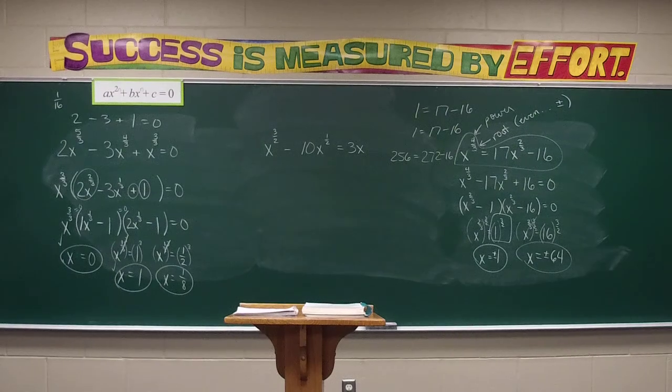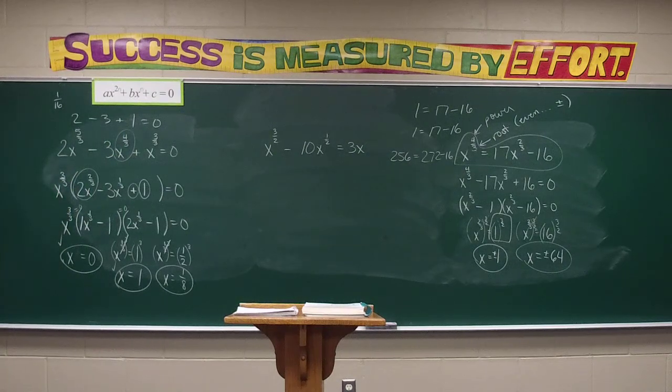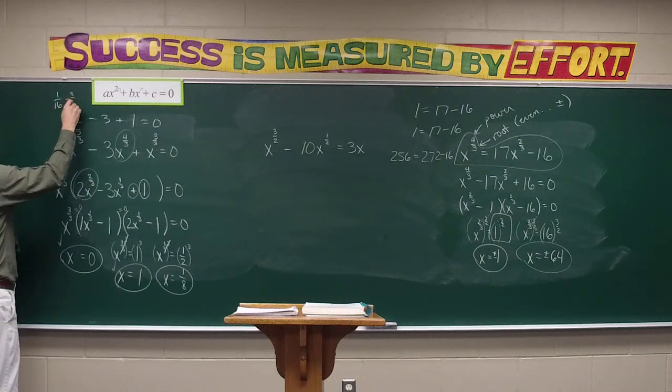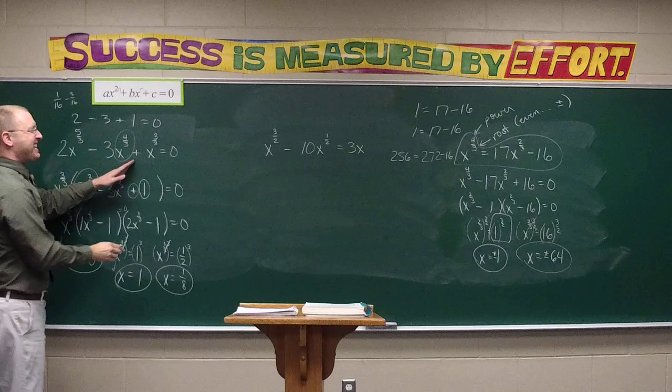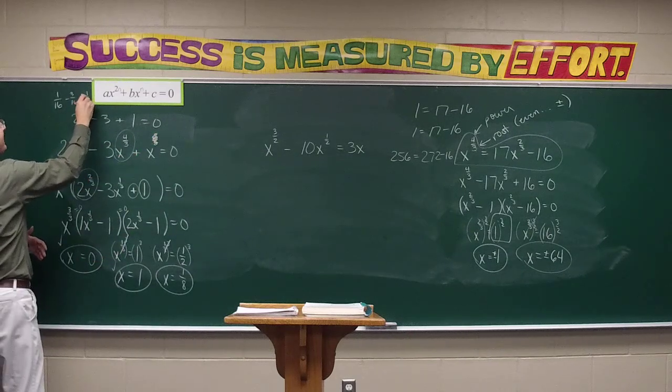The whole room began to shake, at least to the people on YouTube. All right, then 1/8 to the 4/3 times -3, of course. And then plus, and again, it's x to the 3/3, that's just x, right? Plus x means plus 1/8.